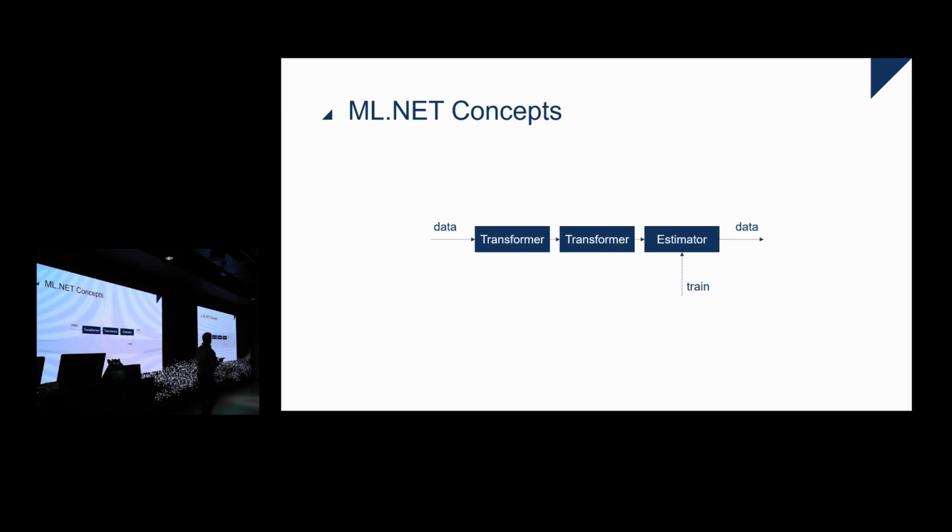Otherwise, they would have to retrain these two parts, right? So this saving of pipelines is a really cool feature of ML.NET. This feels slightly familiar to Python, right? Anybody notice that scikit-learn does the exact same thing? That's where I think they got the idea.